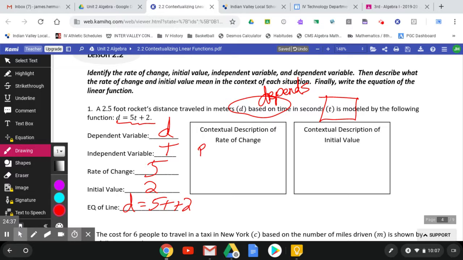Very good. The rocket travels 5 meters per second. And then what's the context of the initial? Oh, go ahead, Ashley. Question?